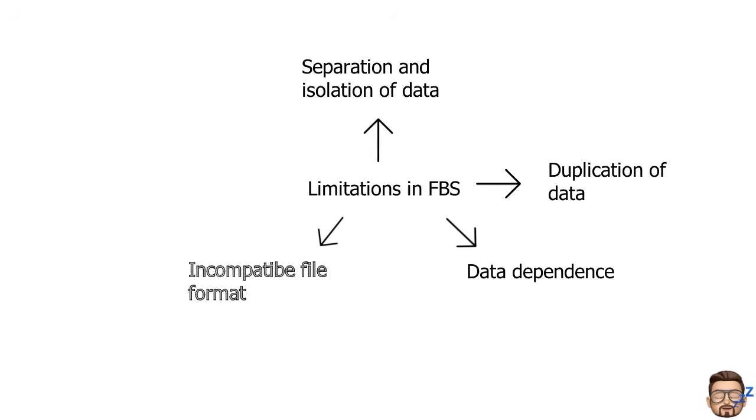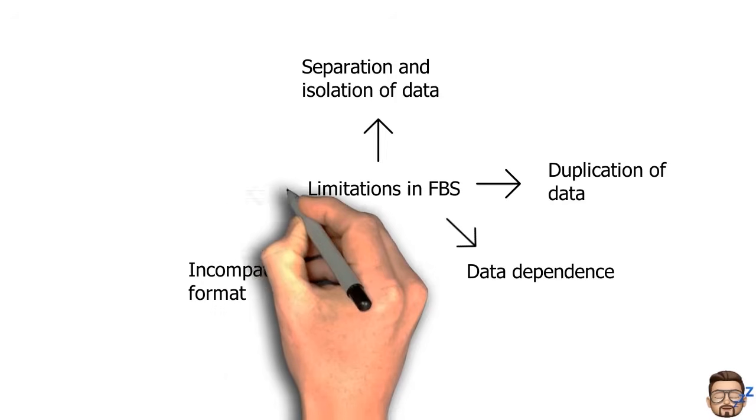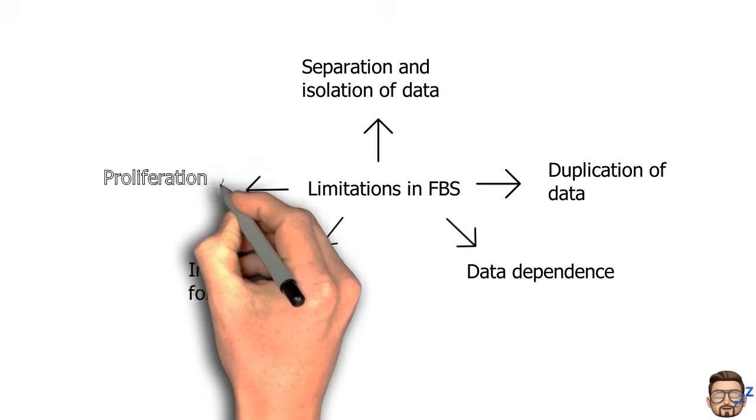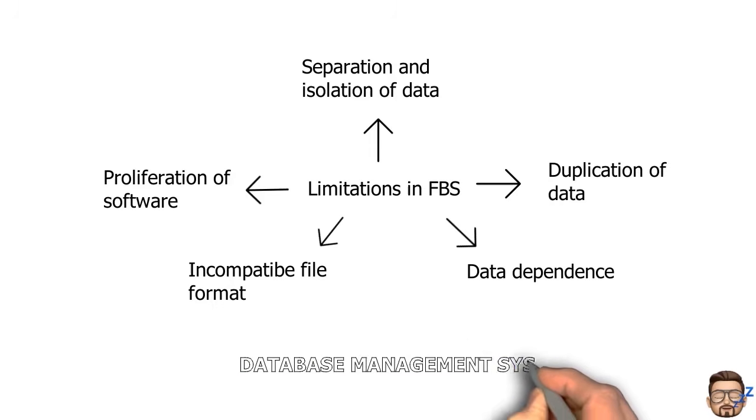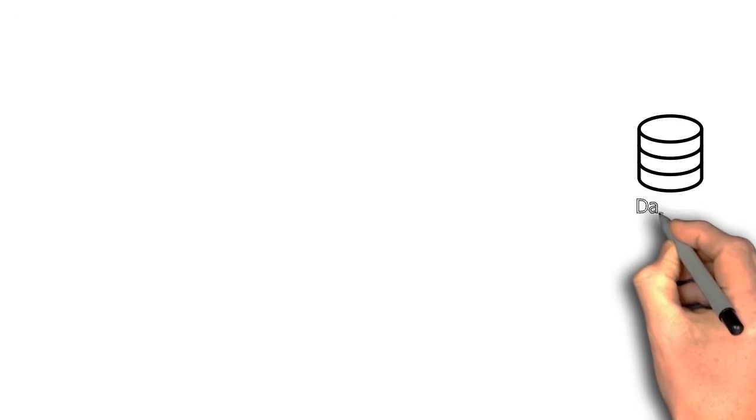Number 4 is incompatible file format. Since the departments manage their own databases, of course each database will have a different kind of file format. And the last one is proliferation of software. What does it mean here? Mostly the file-based system is a hard-coded system. That's why in the end, the file-based system could not be used and they introduced the database management system.